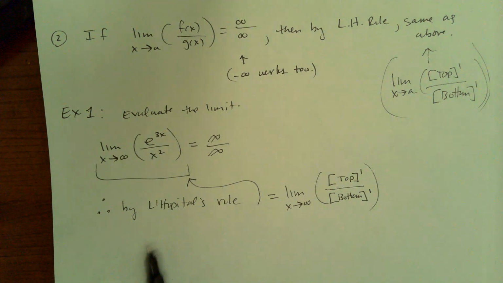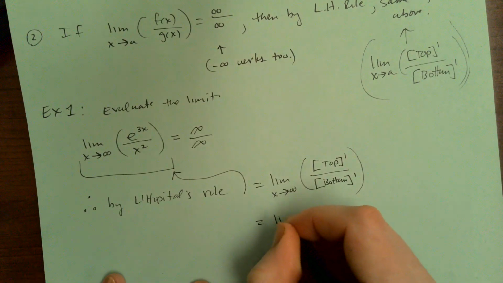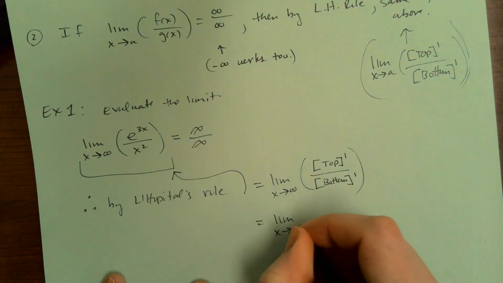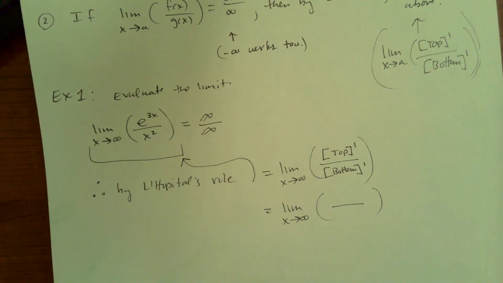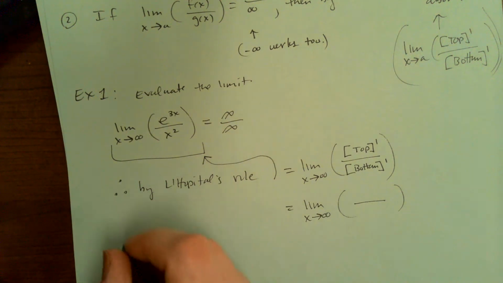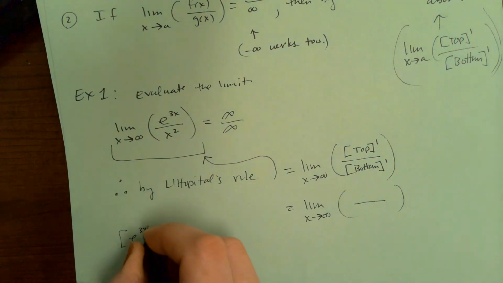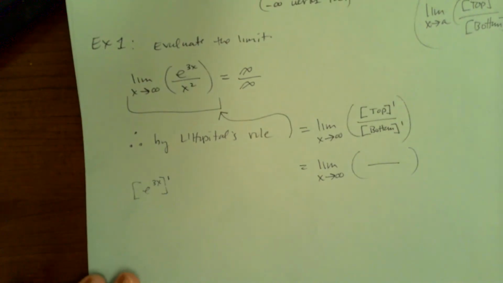All right, so this is equal to the limit as x approaches infinity. Now, the derivative of the top. Over here, we have e to the 3x. I'm taking the derivative of that. I need the chain rule.